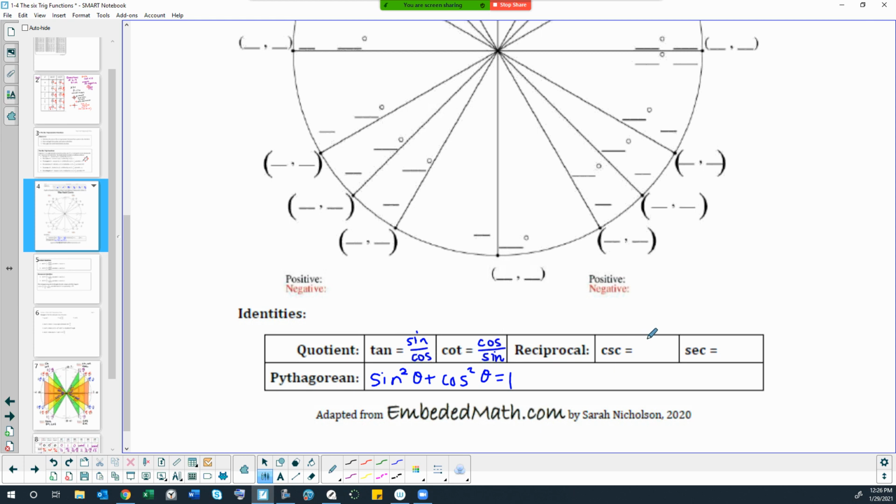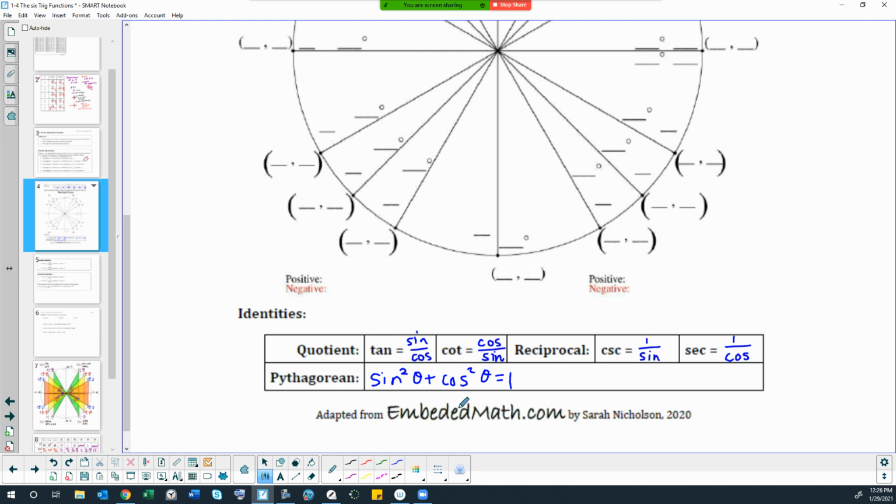And reciprocal functions would be 1 over sine. I know sometimes it's tricky to remember that sine goes with cosecant, and secant goes with cosine. Just one of those weird things to remember.